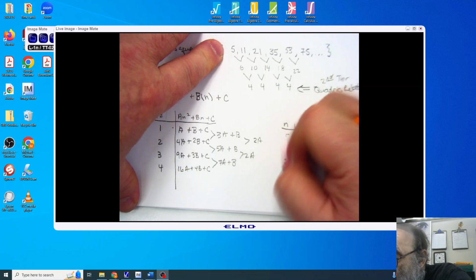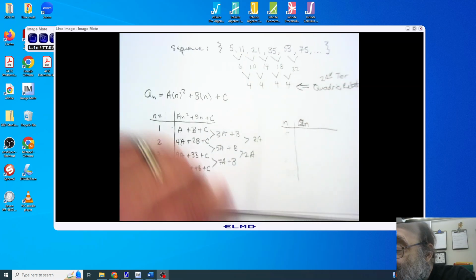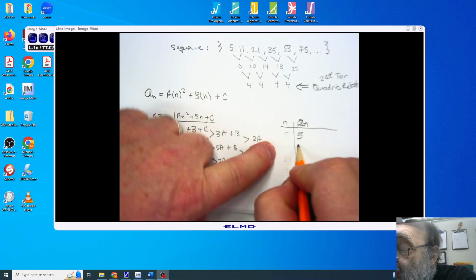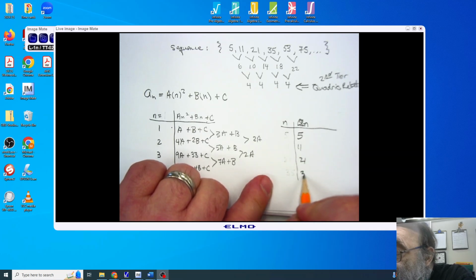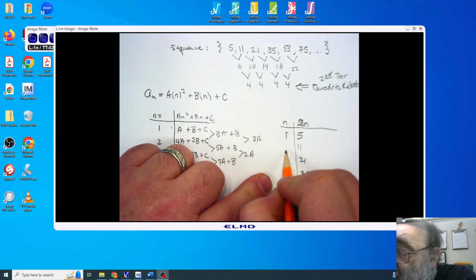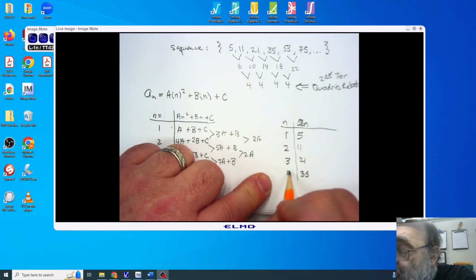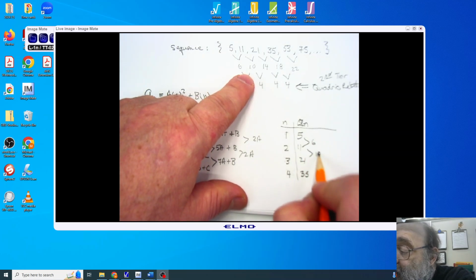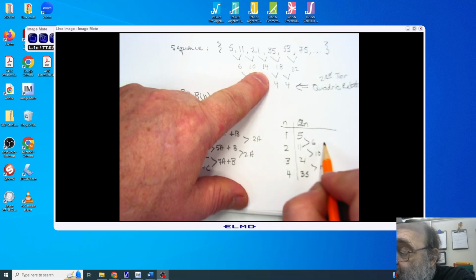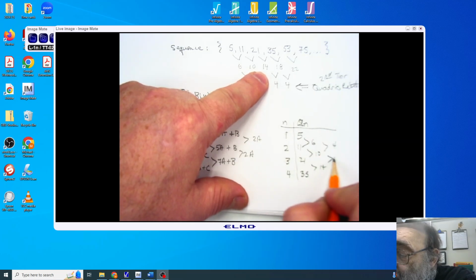Wait a minute, I put that on the wrong side, excuse me. 5, 11, 21, 35, and this is when n was 1, then 2, then 3, then 4. The difference we saw was 6, 10, 14, 4, 4.